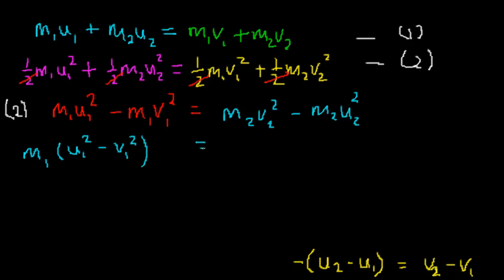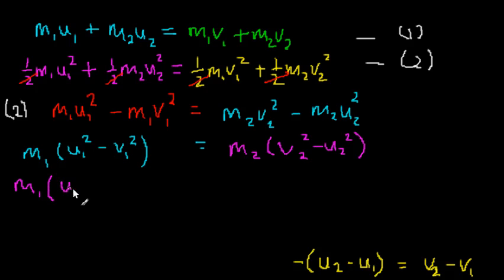On the other side, I'll have m2 factored out, times v2 squared minus u2 squared. So this is what I have. Next, I shall factorize u1 squared minus v1 squared.